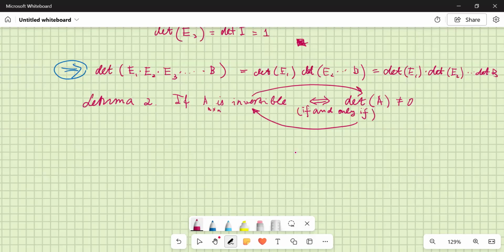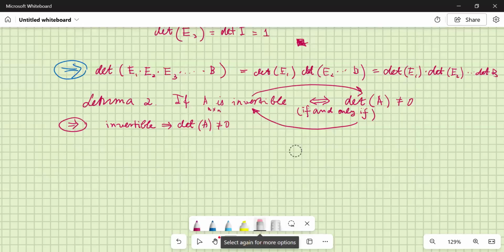Okay, we are going to start proving this side forward. So if A is invertible, then determinant of A is not equal to 0. Well, if A is invertible, then you can bring it to reduced row echelon form.